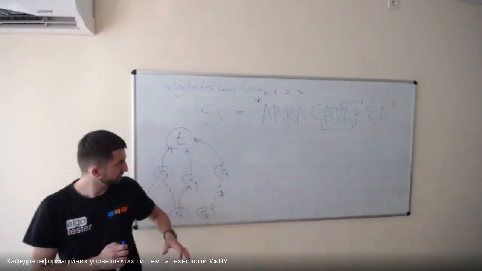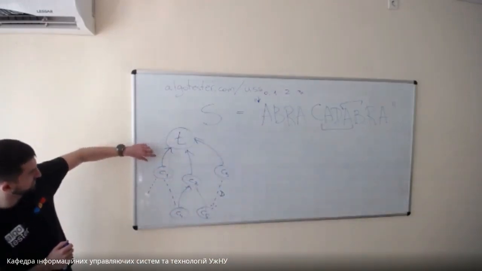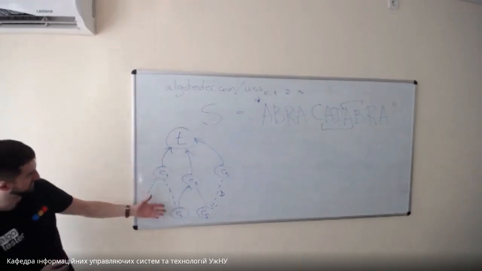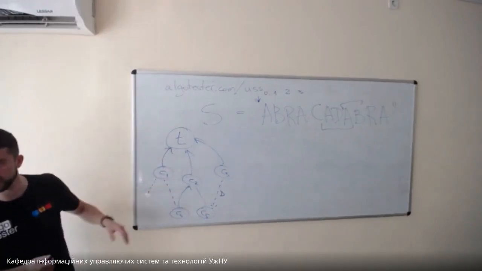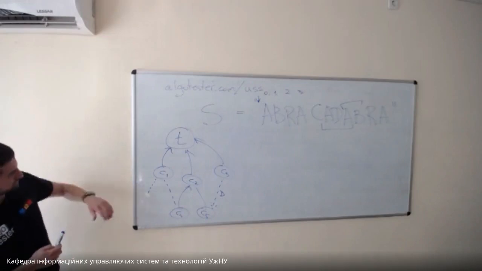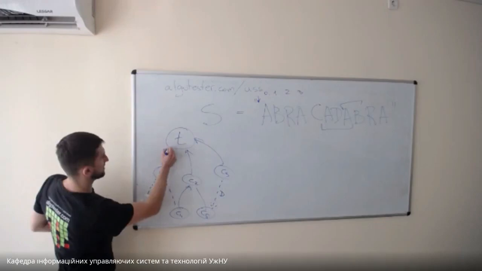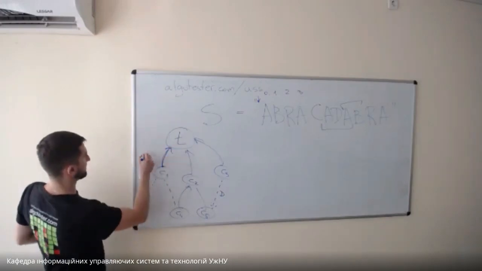So the question is, what is the difference between these two different types of arrows or edges I drew here? These edges are suffix links.